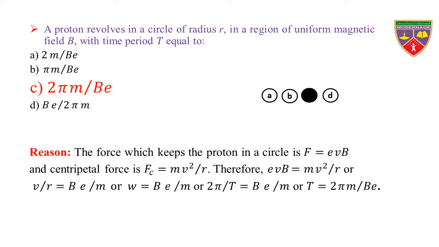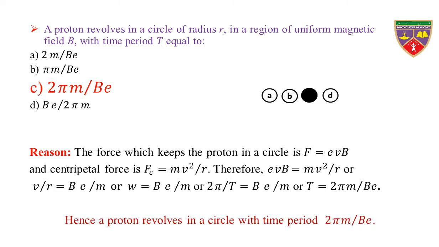Or we can write 2π divided by capital T, which is the time period, because this is the relation between the angular velocity and the time period. Therefore, the time period is equal to 2πm divided by Be. Hence, a proton revolves in a circle with time period 2πm divided by Be.